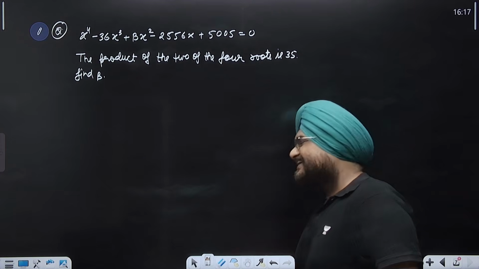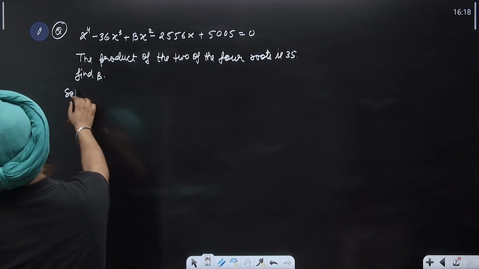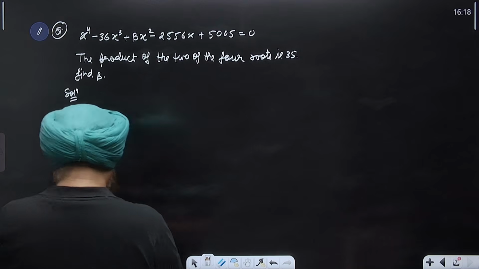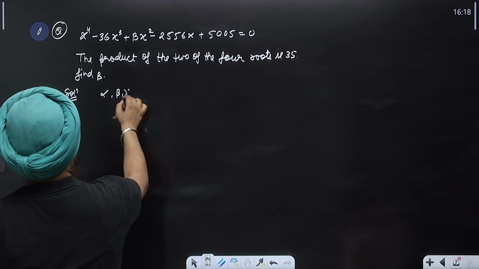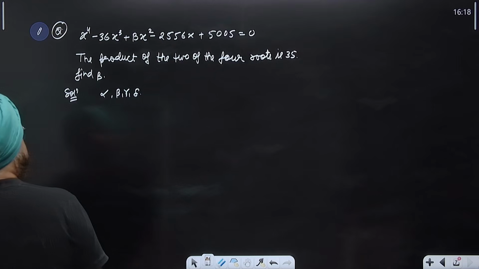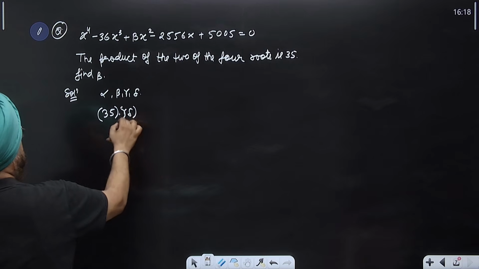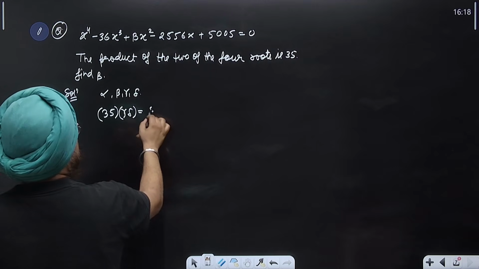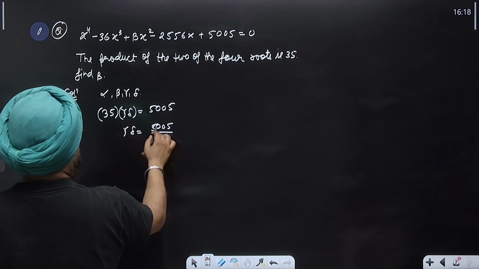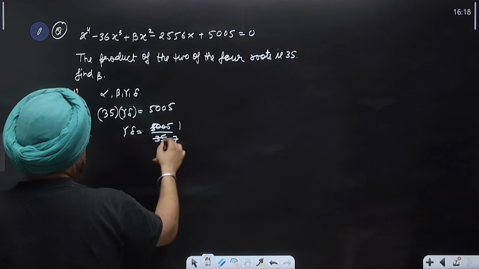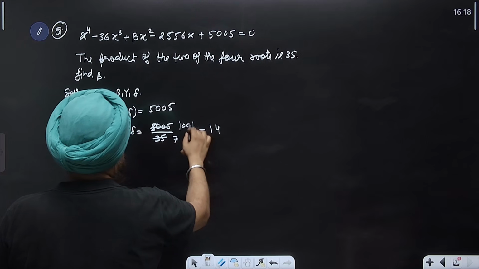So simply we need to find all the roots. Let the roots be alpha, beta, gamma, delta. So the product of two of the roots is 35. Product of the other two roots is 143.